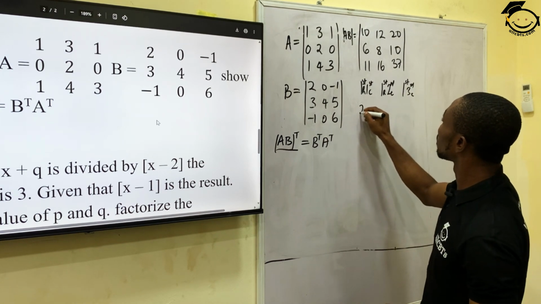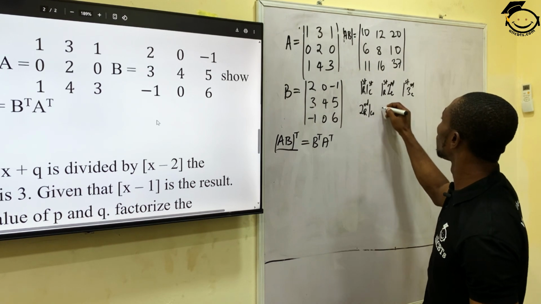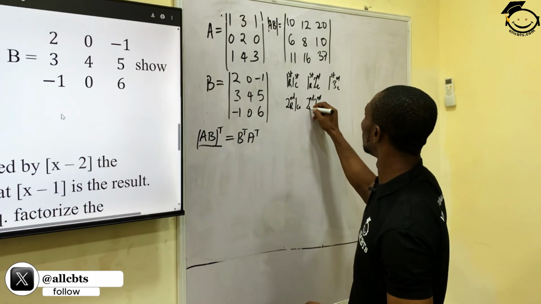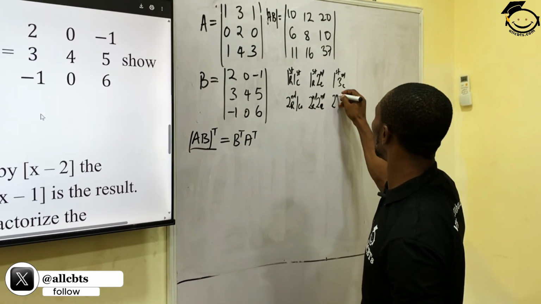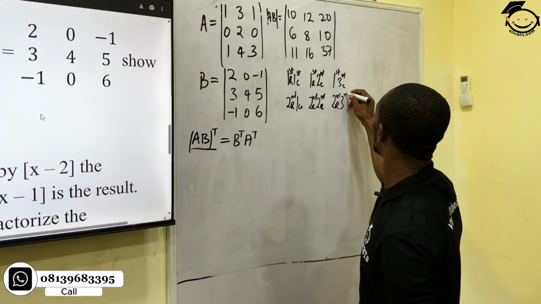Now you have your second row, first column, second row, second column, and second row, third column.